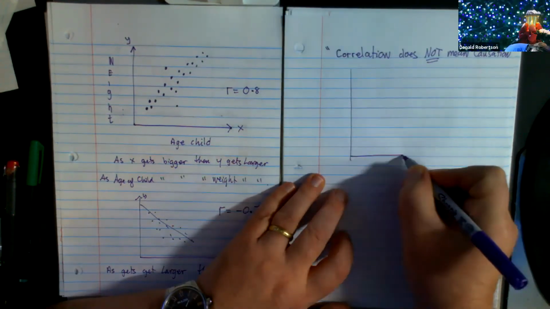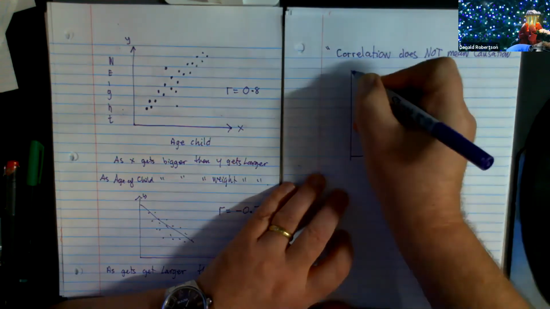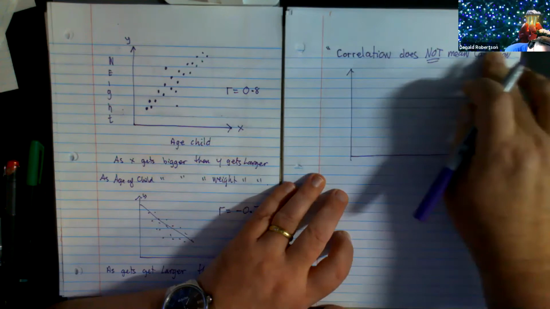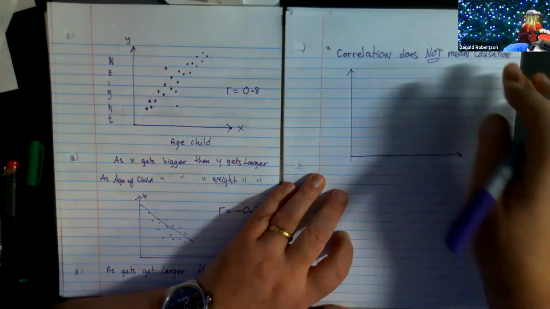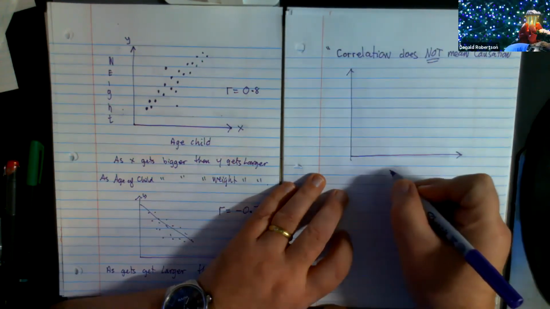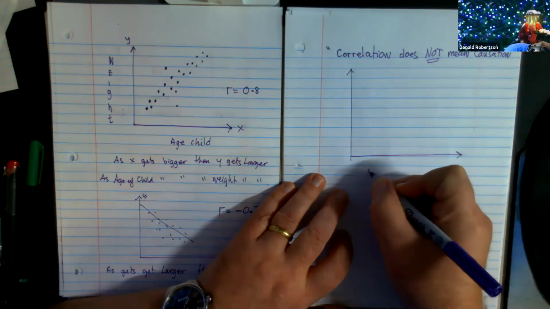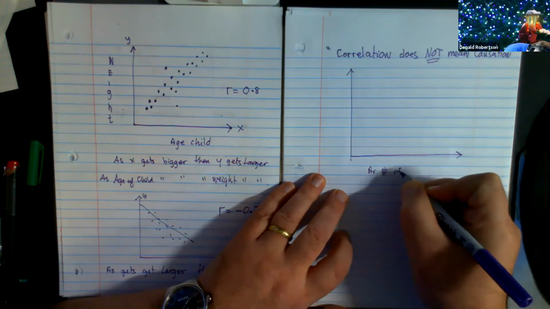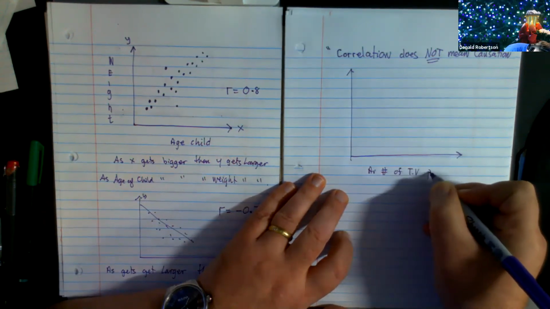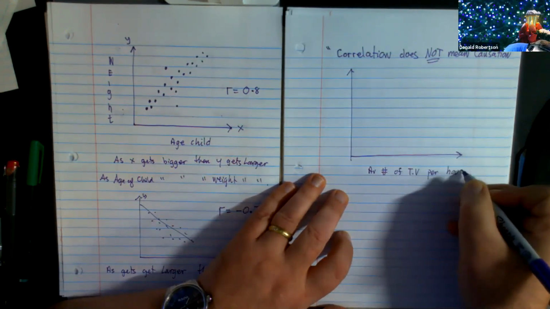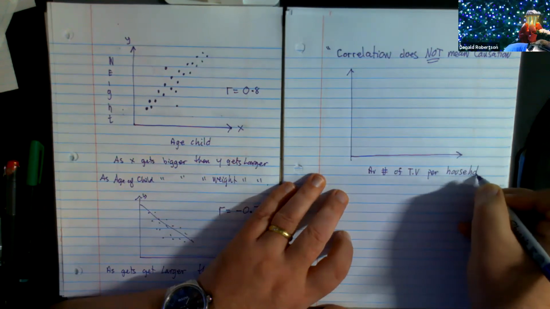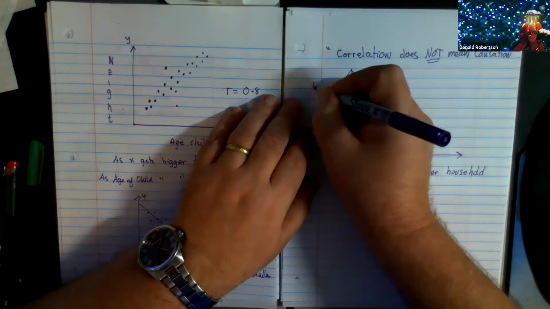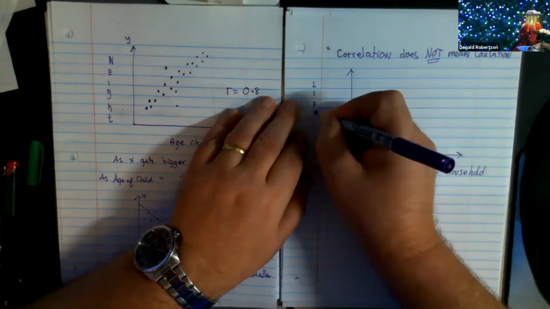I'm going to give you two pretty standard examples of a scatter diagram that shows this relationship, or why it's true to say it. On the bottom, I'm going to have the average number of televisions per household. And up here, we're going to have the life expectancy.